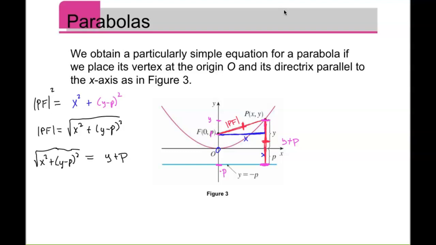All right, well, now we have an expression that relates x and y. Because remember, p is just some fixed constant. But usually when we look at functions, we like to look at them in terms of y as a function of x. So let's just do a little algebra and isolate y. So I'm going to square both sides. We get x squared plus (y minus p) squared equals (y plus p) squared.